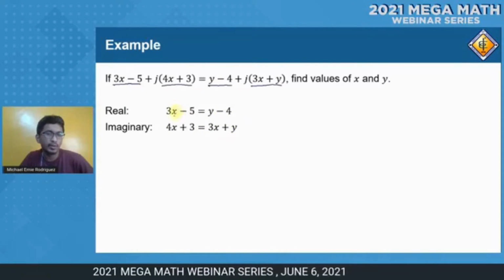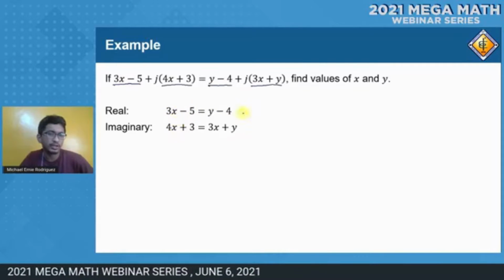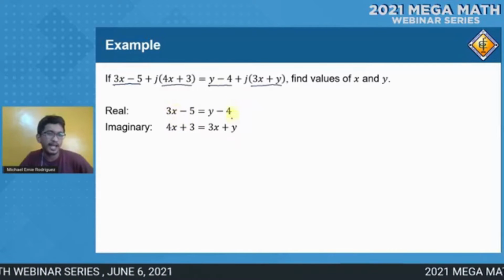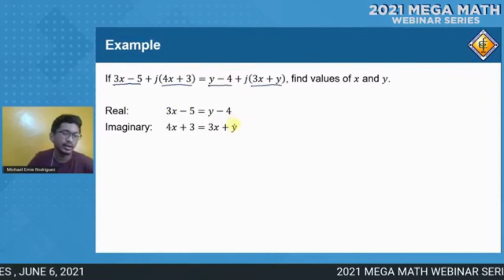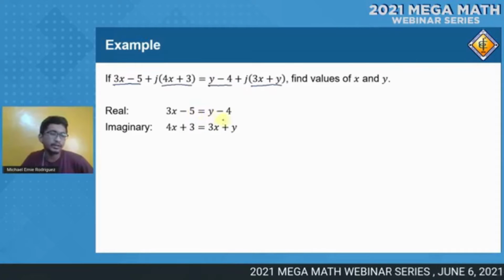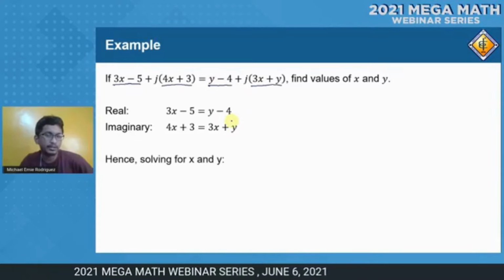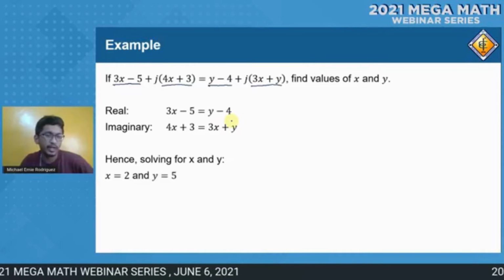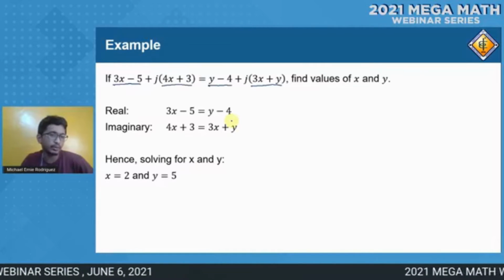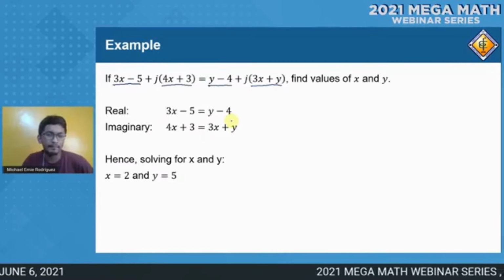So, ito, we have two equations and two unknowns. We have x and y as unknown. Okay? So solve natin to by using your techniques in algebra. So, solving for x and y, we have x is equal to 2 and y is equal to 5.